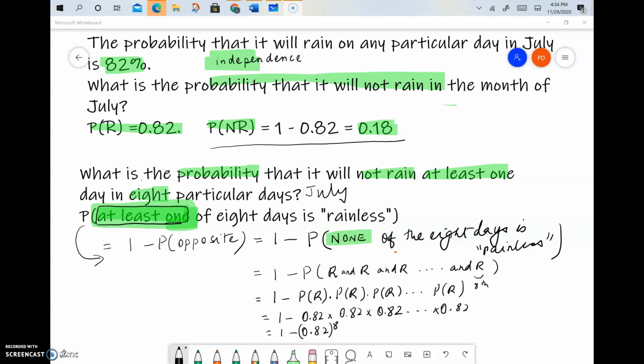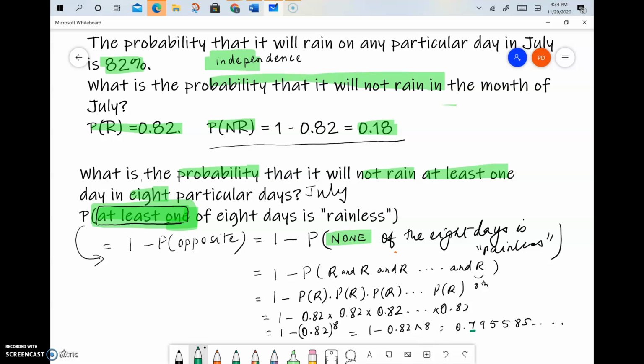In our calculators, we enter 1 minus 0.82 to the 8th power, which is equal to 0.795585 and so on.